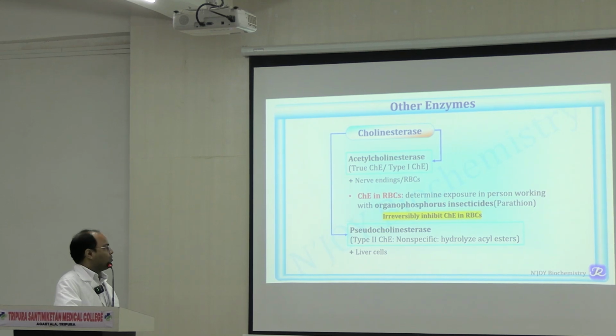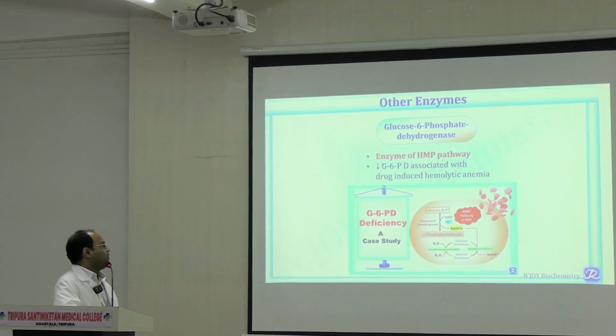It is present in liver cells. Next, glucose-6-phosphate dehydrogenase. There are about 600 types of G6PD on the earth. Every individual has a different type of G6PD. In case of G6PD deficiency, RBC may be destroyed.